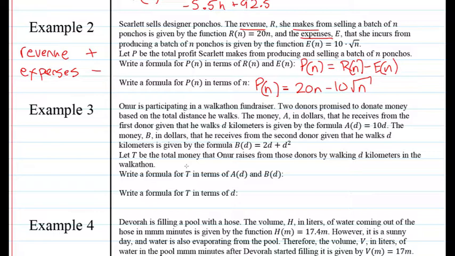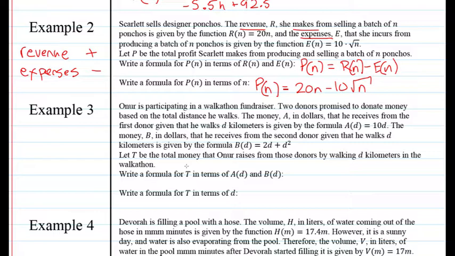Owner is participating in a walkathon fundraising. 2 donors promise to donate money based on the total distance he walks. The money A in dollars that he receives from the first donor, given that he walks D kilometers, is given by the formula A of D equals 10D.